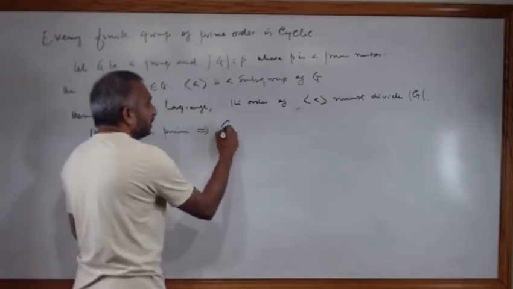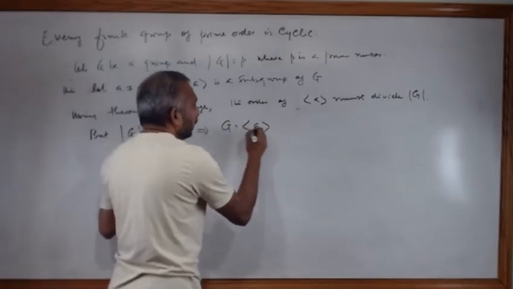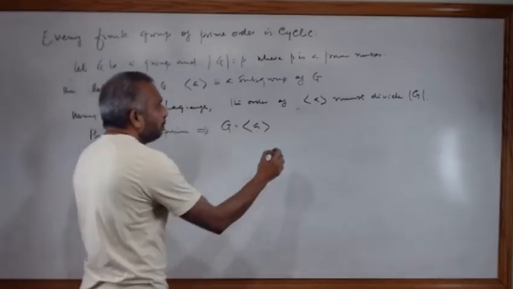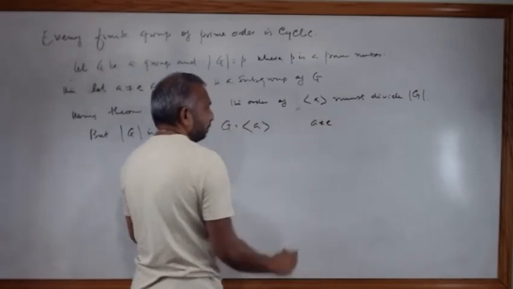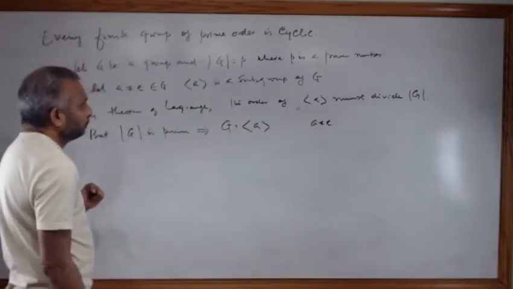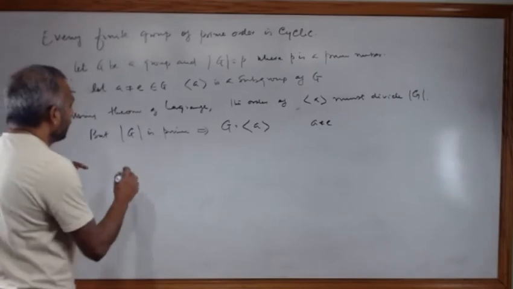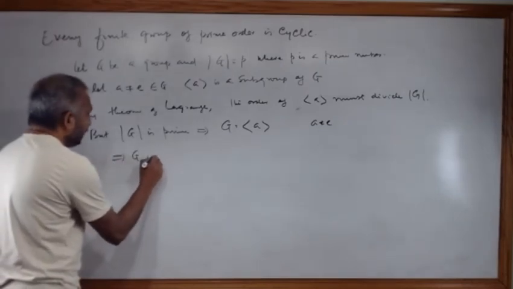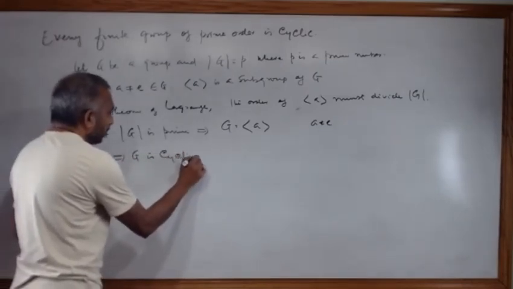That implies G is equal to the subgroup generated by a, because a is different from e also.